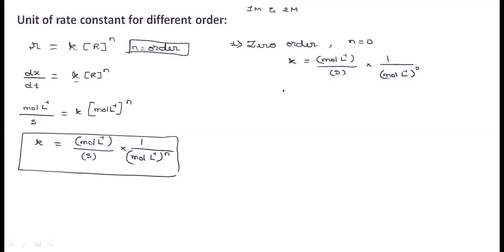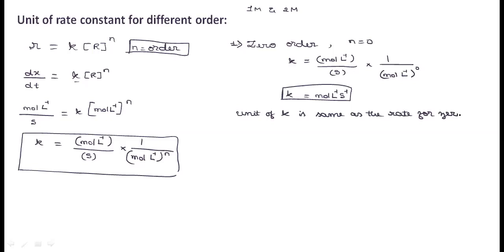Hence, this complete value is equal to 1. And K will be mole per liter per second. Hence, if you observe the unit of K for zero order reaction, the unit of K is same as the rate for zero order reaction.